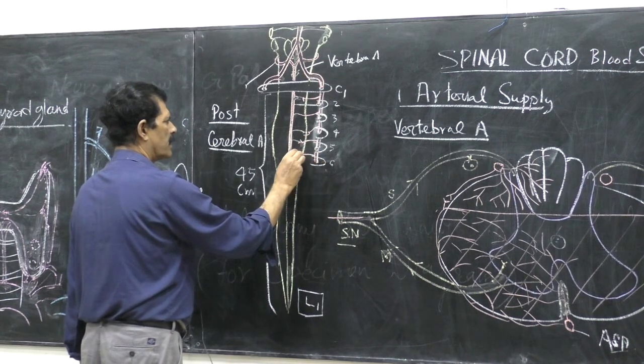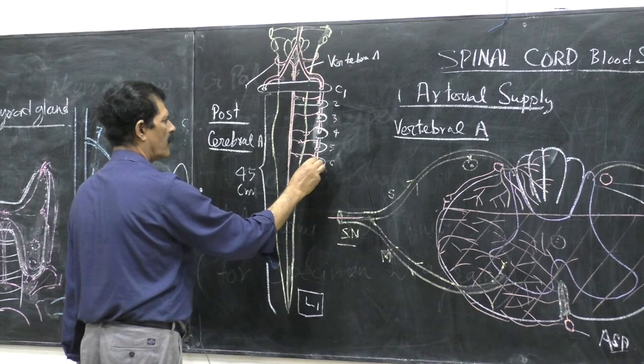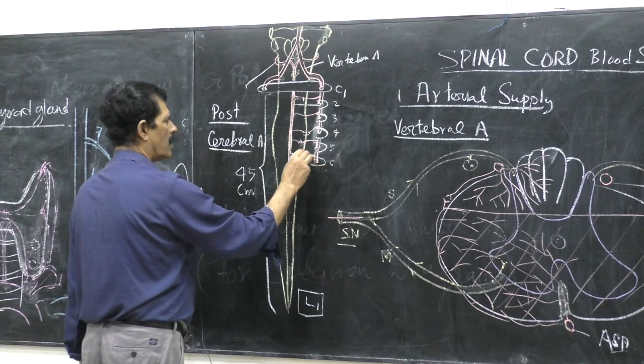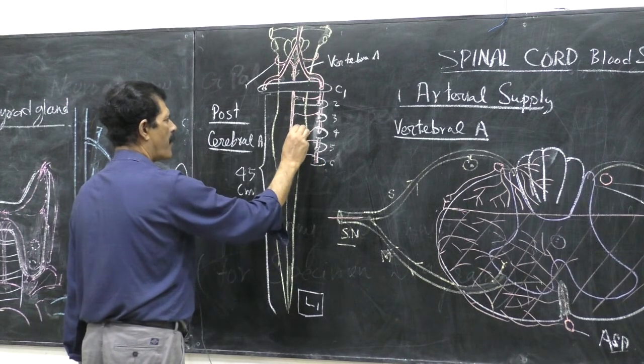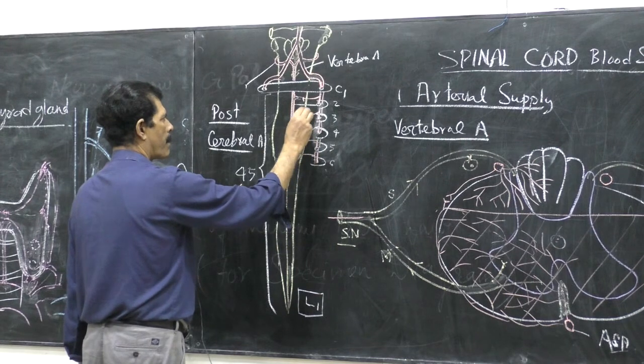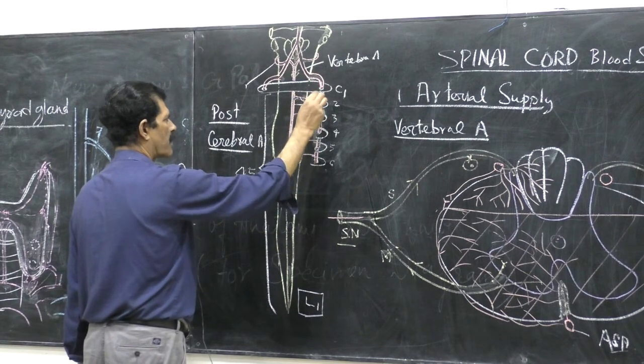And thus the blood supply of the spinal cord is maintained by these anastomosing segmental arteries.